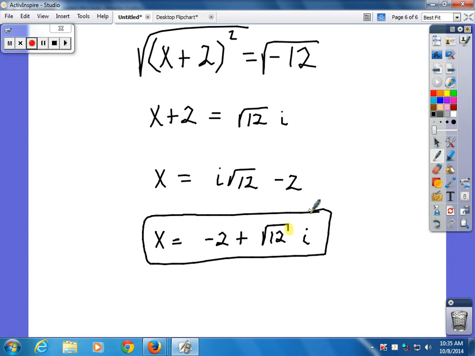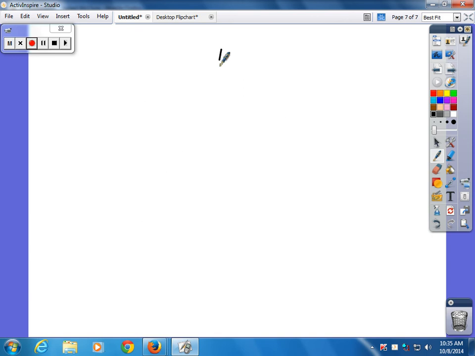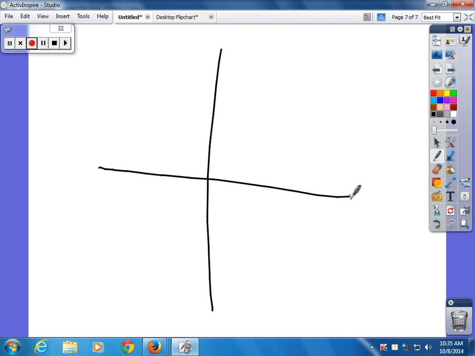So let's draw this one. Somebody tell me, with no x-intercept, what's the vertex again? And what's our y-intercept? 8. And which way is it opening?